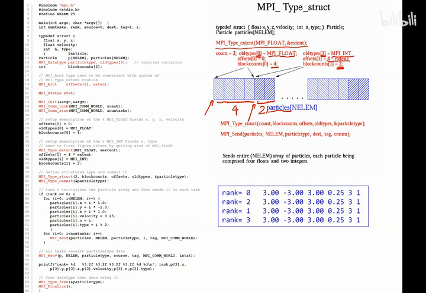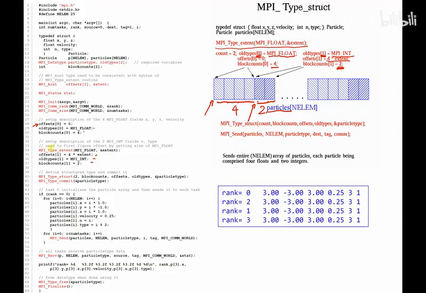So in our code, this is what we write. The offsets for the floats start at 0, and we have 4 of them. Next we tell MPI about the ints. The ints start at 4 times the size of a float, they're going to be MPI ints, and we have 2 of them.